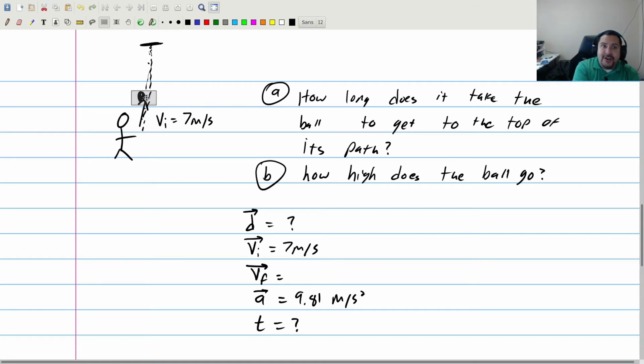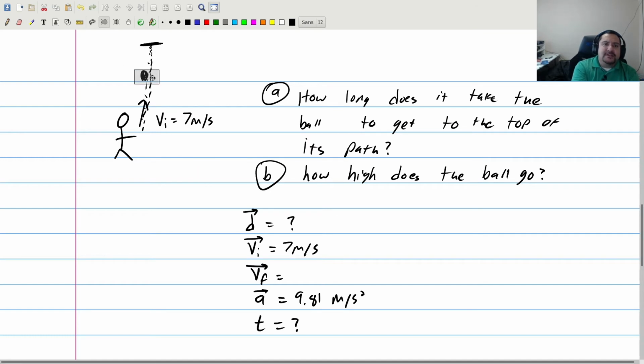But just for an instant, right at the top of its path, its velocity is going to be 0. If you watch very carefully when somebody throws a ball up into the air, just for an instant, that ball comes to a complete stop, assuming they threw it perfectly upward. If they didn't throw it perfectly upward, it's no longer rising, but it's no longer falling yet either, so it's just traveling a little bit sideways.